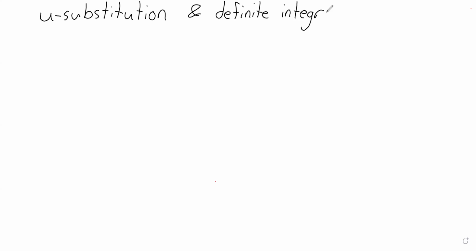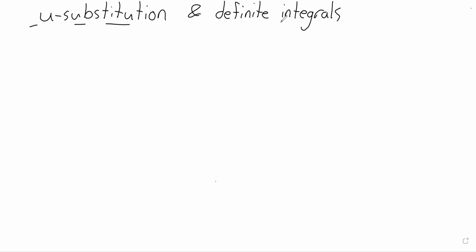So U substitution, as we have stated it, is a technique for finding indefinite integrals, antiderivatives, but at least for now, the main application of finding these antiderivatives is using the fundamental theorem of calculus.